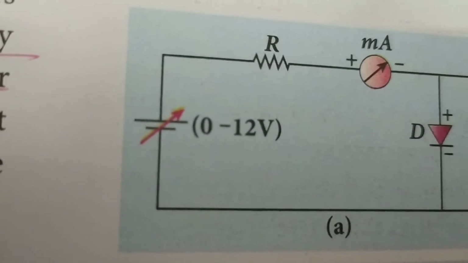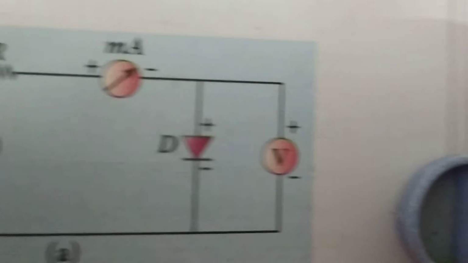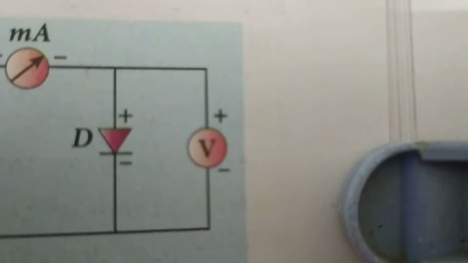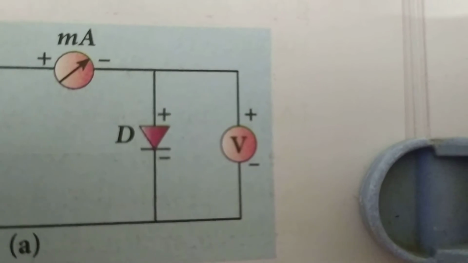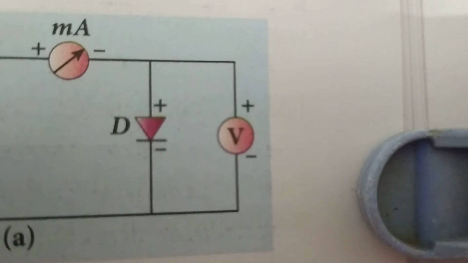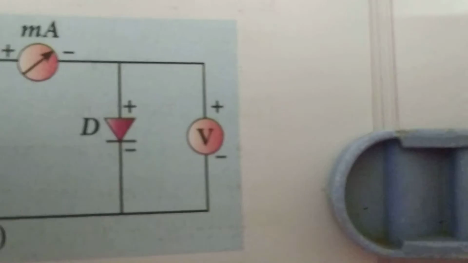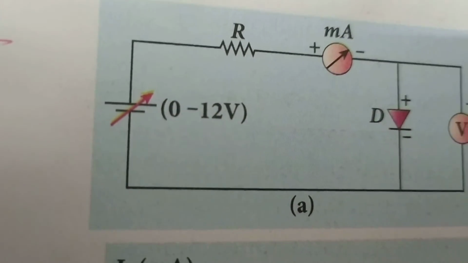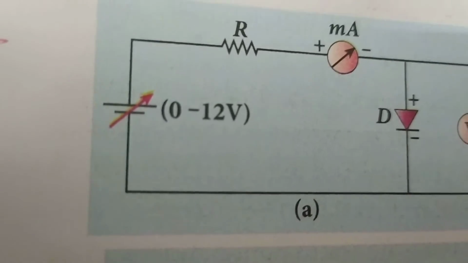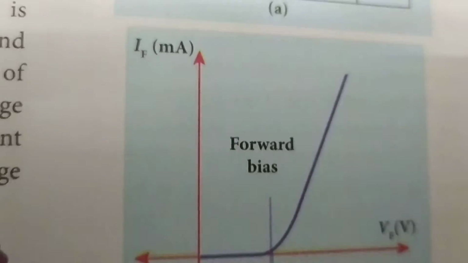You can increase the voltage from 0 to 12 volts, and in this portion you have a diode and a voltmeter connected to measure the voltage. So this is the voltmeter, diode and ammeter, external resistance, and this is the power supply. You increase the voltage step by step.